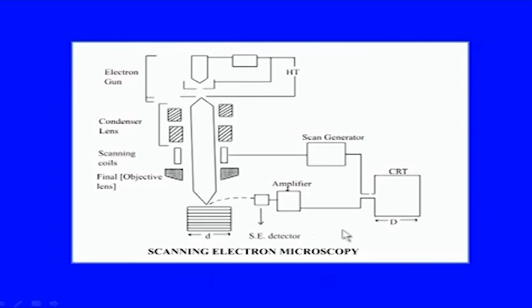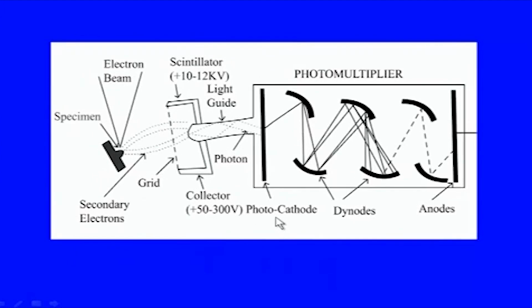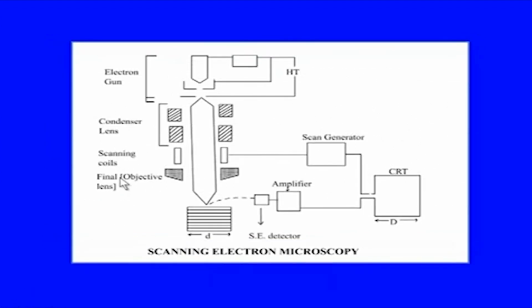Now, let us see how the detector looks here. In this figure, this is the specimen which is tilted. Like I said, the specimen stage could be tilted manifold, with 360 degree rotation, 90 degree tilting, or moved in the xy direction or in the z direction.